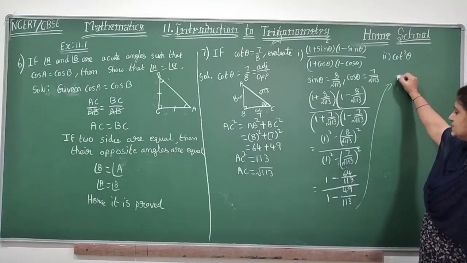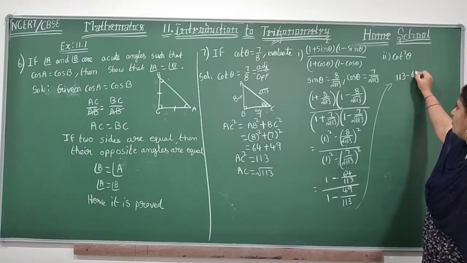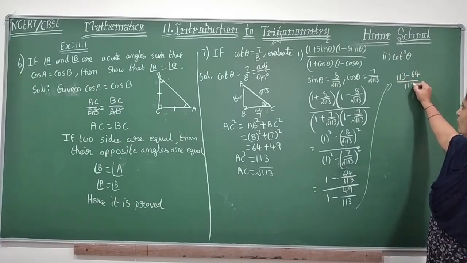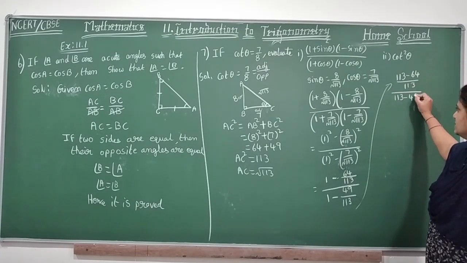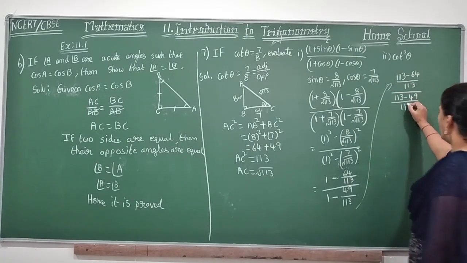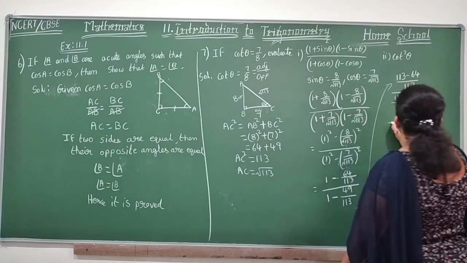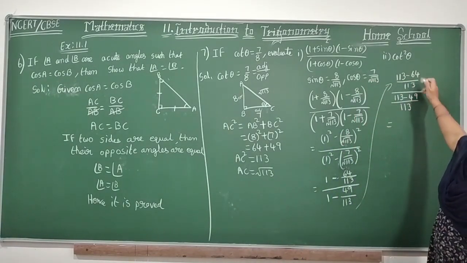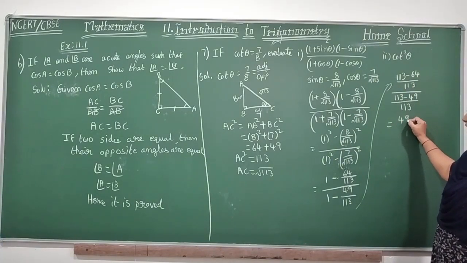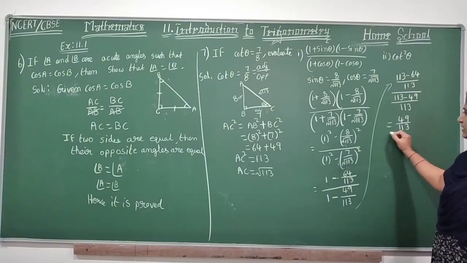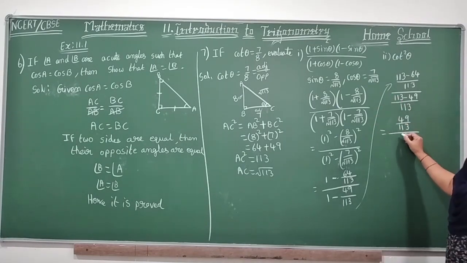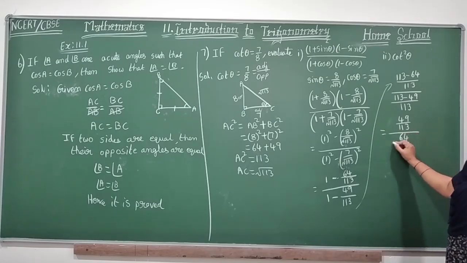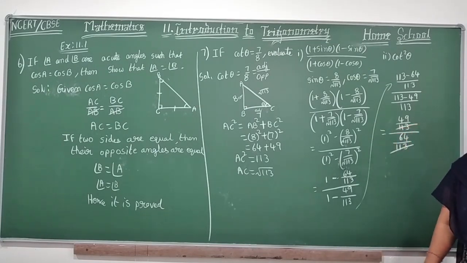Now look here children, let me carry the problem here. Now do the LCM. 113 minus 64 by 113, divided by 113 minus 49 by 113. It will be how much here? 113 minus 64 will be 49 by 113, divided by 113 minus 49, which will be 64 by 113. 113 will be cancelled.